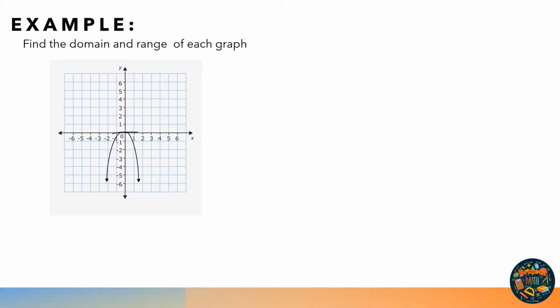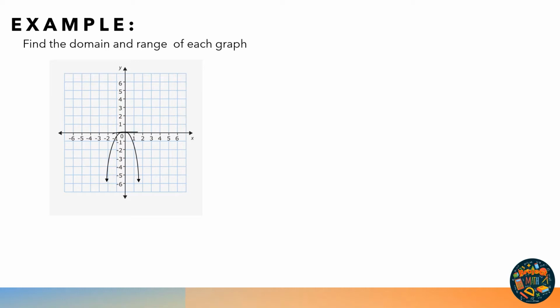Ang ibig sabihin nito, the graph will be extended to the right and also be extended to the left nang walang hanggan. Another is, ang graph din natin ay nag-e-extend downward nang walang hanggan din, but not upward. So, hindi na siya pataas, kundi pababa lang.